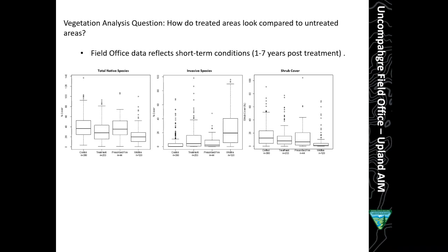And we were seeing that indeed our untreated controls had substantially better native species cover than mechanical treatments, prescribed fire and wildfire. We saw that our control sites have substantially less invasive species than treatments, and that shrub cover was also substantially better in our controls than our treatments.